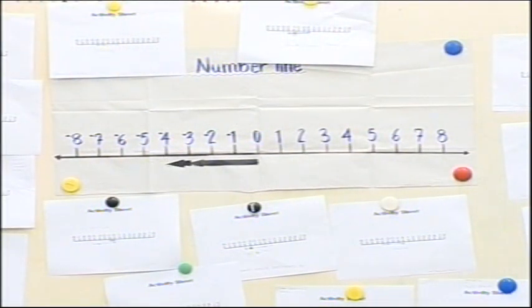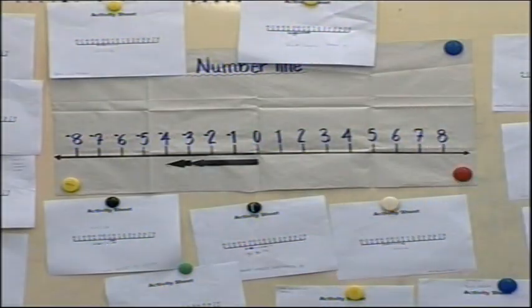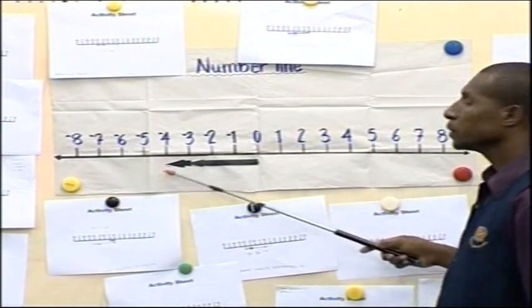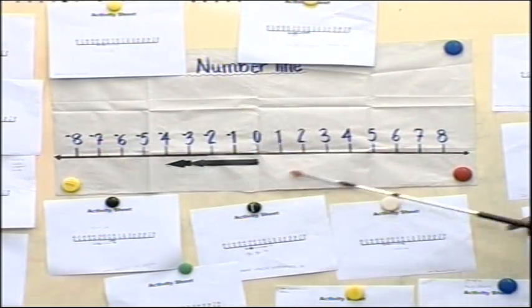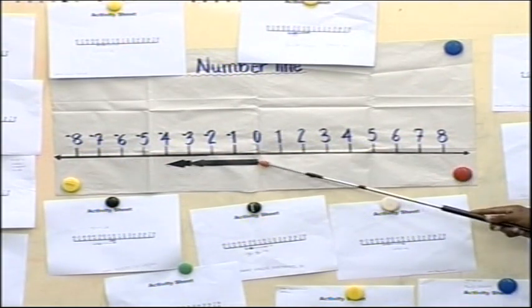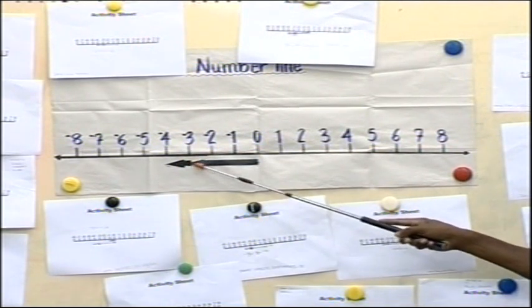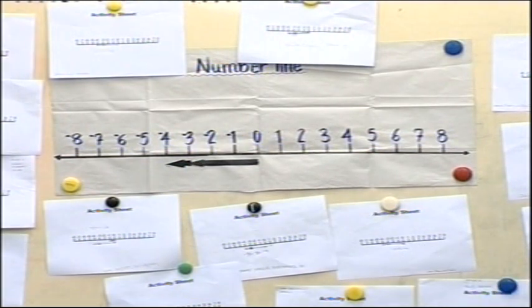So receiving students, you should have something like this shown on your number line. Okay, 2 arrows. As you can see, we have head and tail connected together.